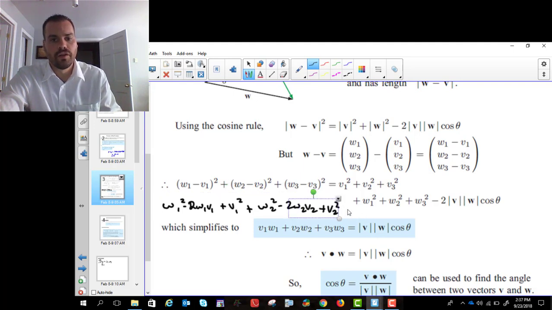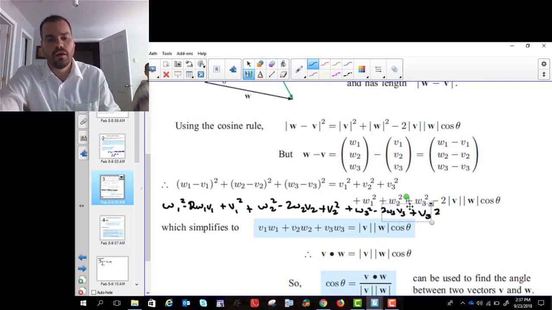All right? And then you get plus W3 squared minus 2 times W3 times V3 plus V3 squared, okay? Now you're looking at that equaling this side. And what you'll notice is V1 squared, V2 squared, V3 squared, W1 squared, W2 squared, and W3 squared are all on here.